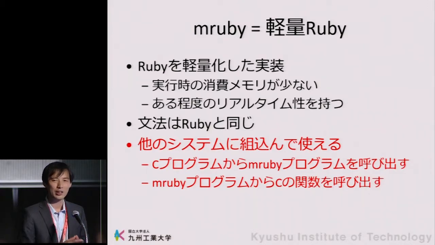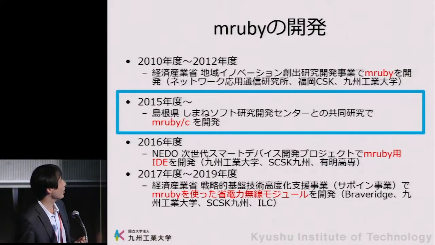Also, in other systems we need to control the hardware, and the hardware control driver is written in C language, so it has to have an affinity with C. How we can read easily from C or write to C has to be secured quite easily, otherwise it's very difficult to use in embedded systems.